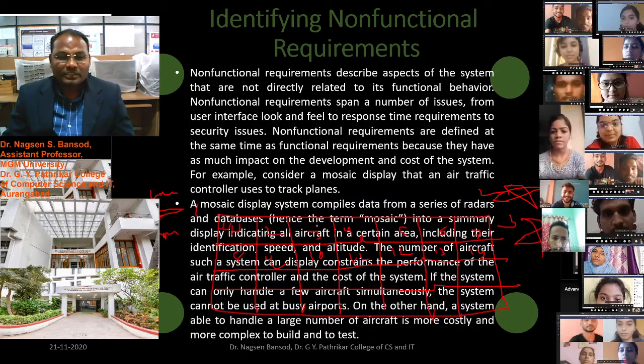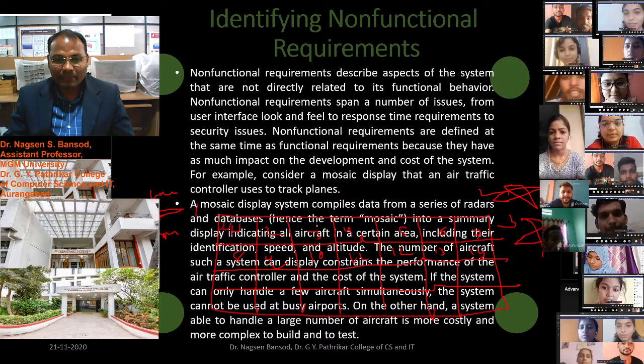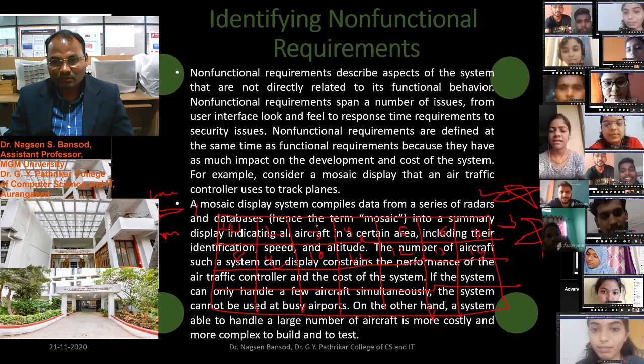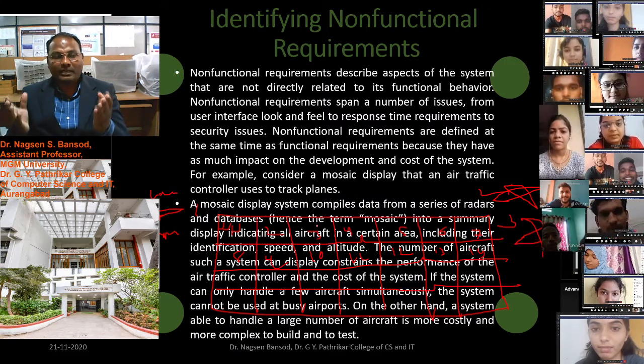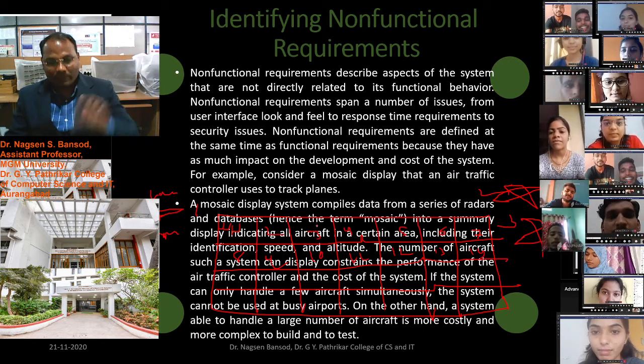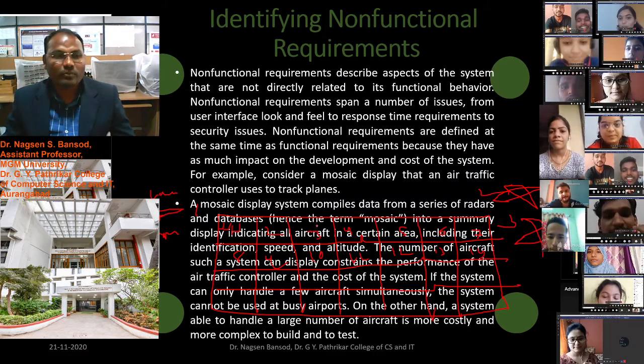A mosaic display system compiles data from a series of radars and databases, hence the term mosaic. Why mosaic? It takes the data from a series of databases, which means multiple displays are there, so we can say mosaic.